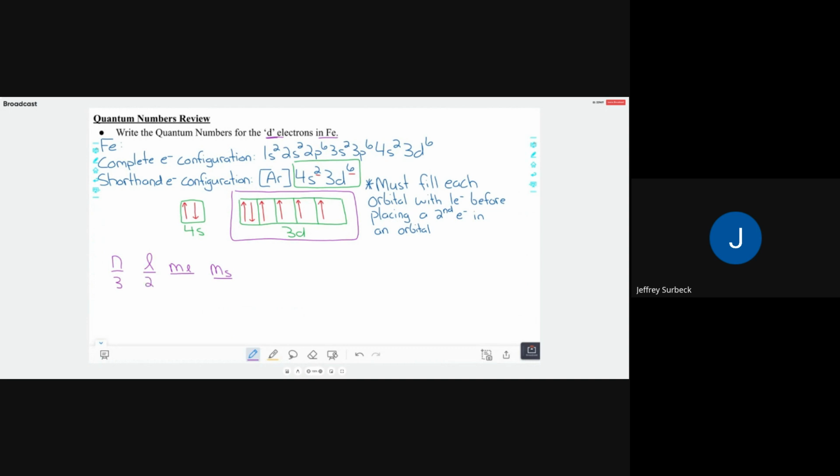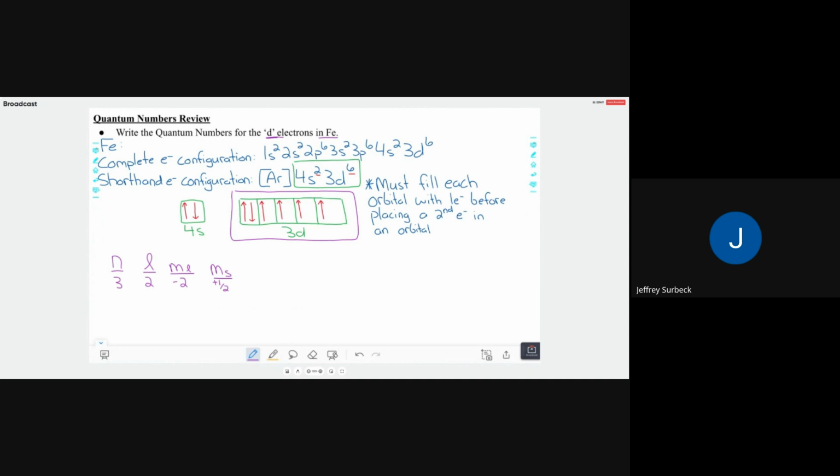And then here's where we start to get different. The M sub L is our number line. Our number line started right in the middle at 0, so our M sub L for this first up arrow would be -2. And then it's an up arrow, so it would be plus half to represent the spin.